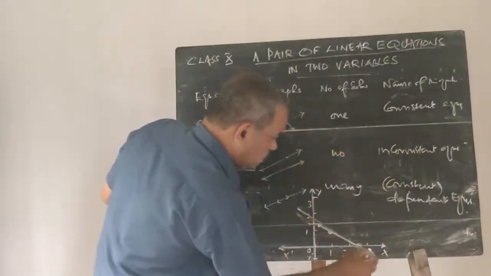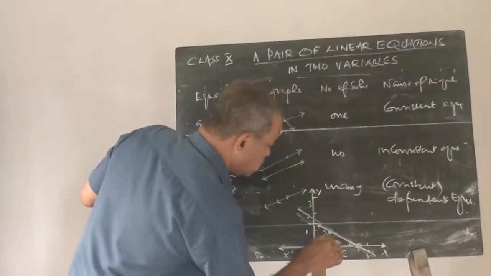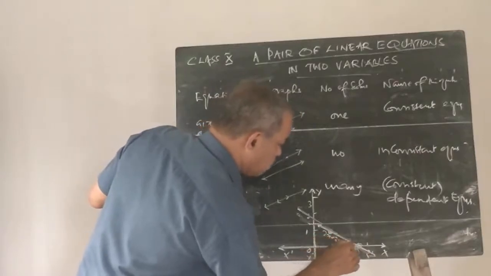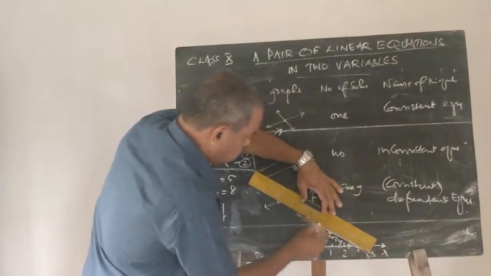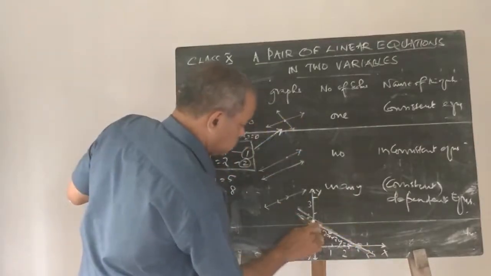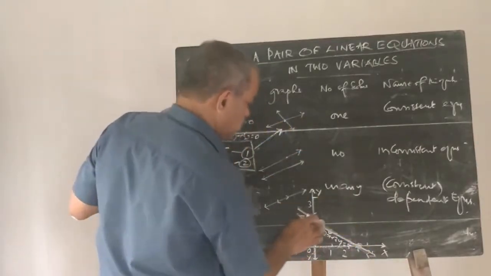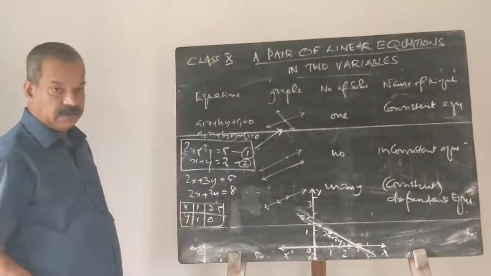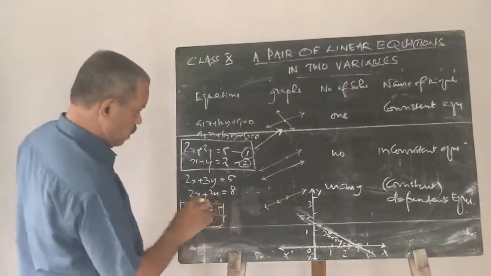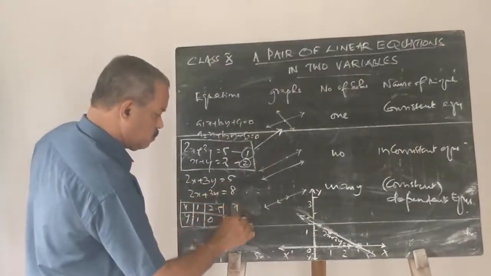This is the graph of the equation 2x plus 3y equal to 5, a straight line.